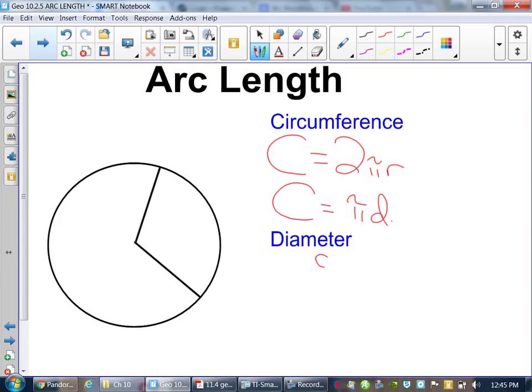Diameter is just a chord. We already defined that. A question that does come up from time to time is about why it is written 2 times pi times r, not 2r times pi. The math etiquette police come around, and there are rules for writing out algebraic statements.